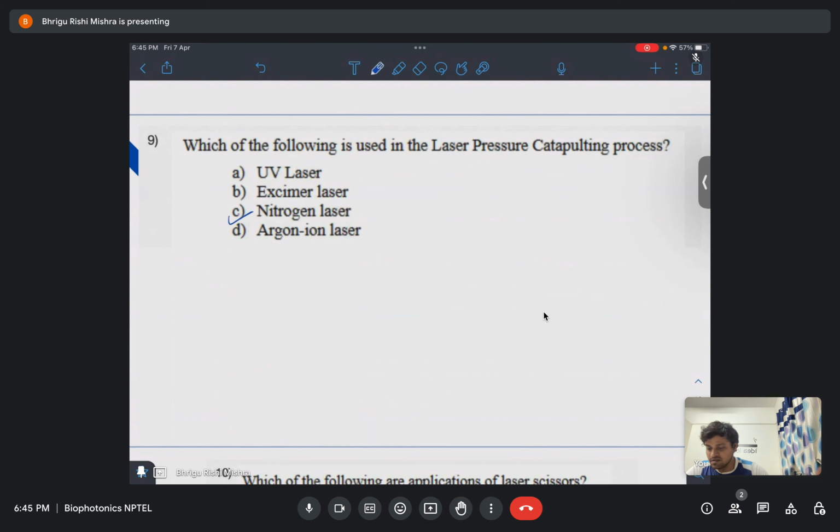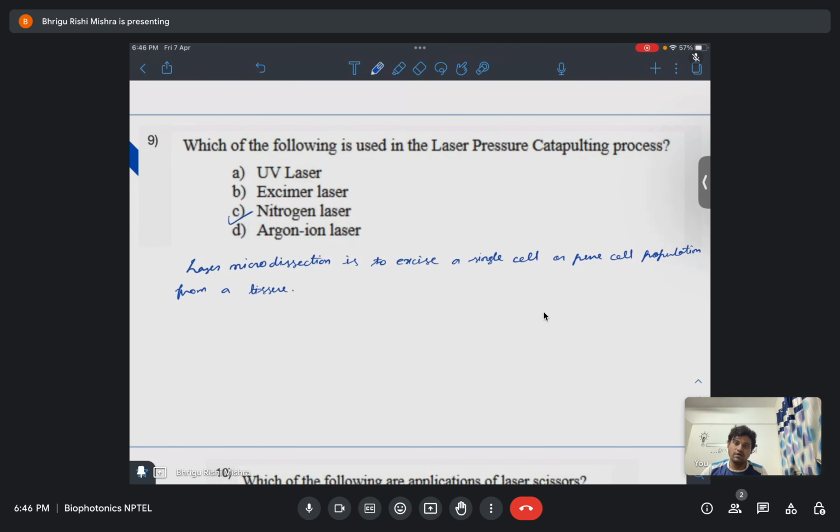So what is microdissection? Laser microdissection is to excise a single cell or pure cell population from a tissue.